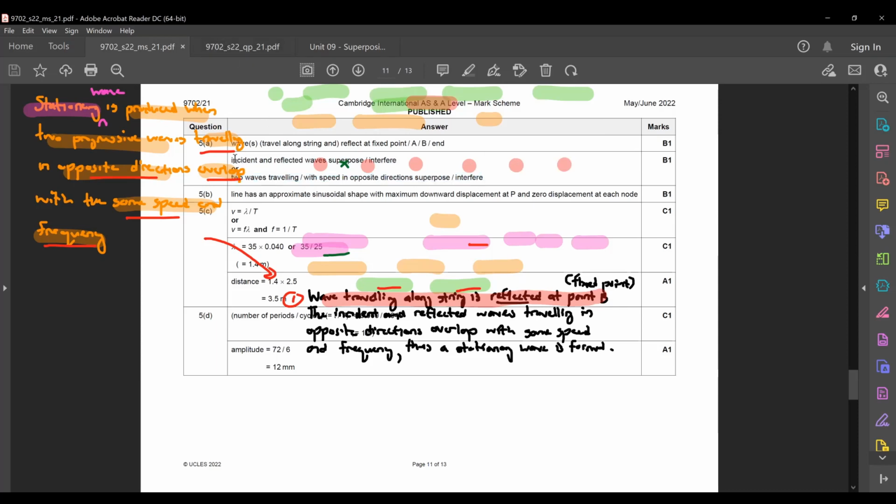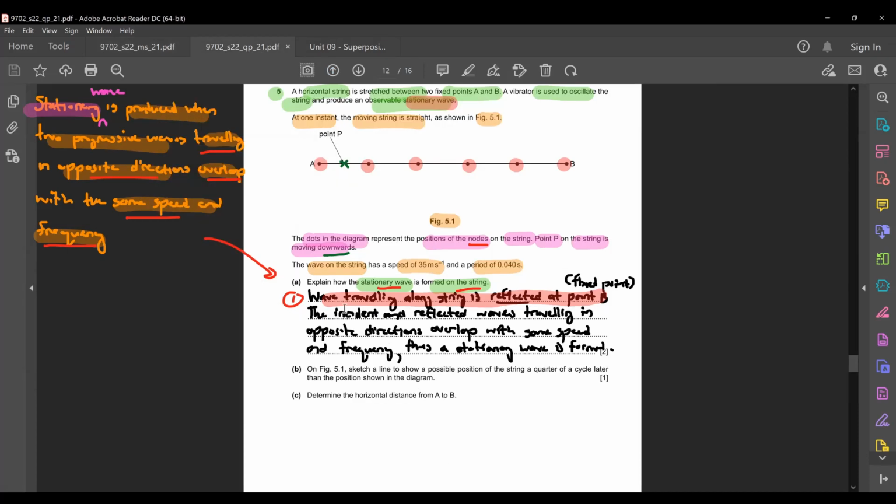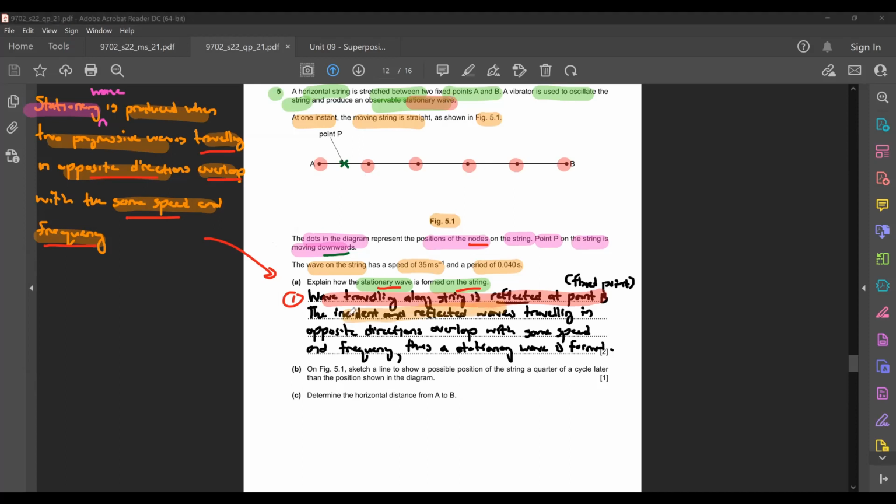Okay, so they actually have bits and pieces from the general definition of formation of stationary wave. So we try to make our answer complete by writing everything in. So this is our model answer. Wave traveling along the string is reflected at point B. This is point number 1. And then for point number 2, we would have the incident and reflected waves traveling in opposite directions overlap with same speed and frequency.